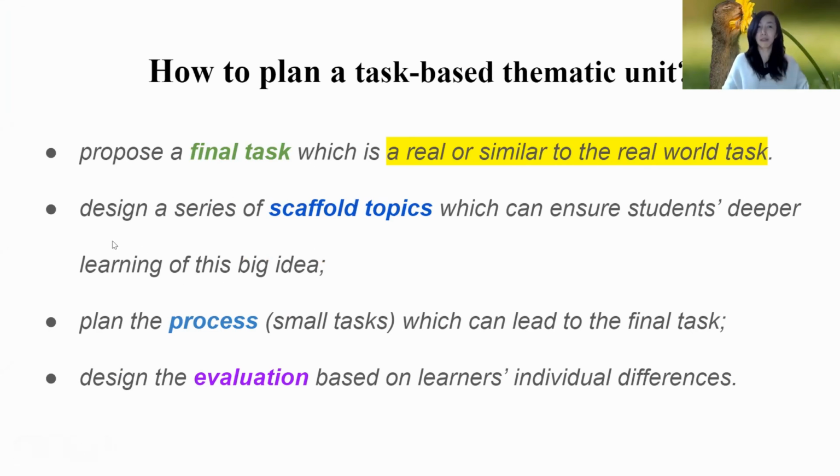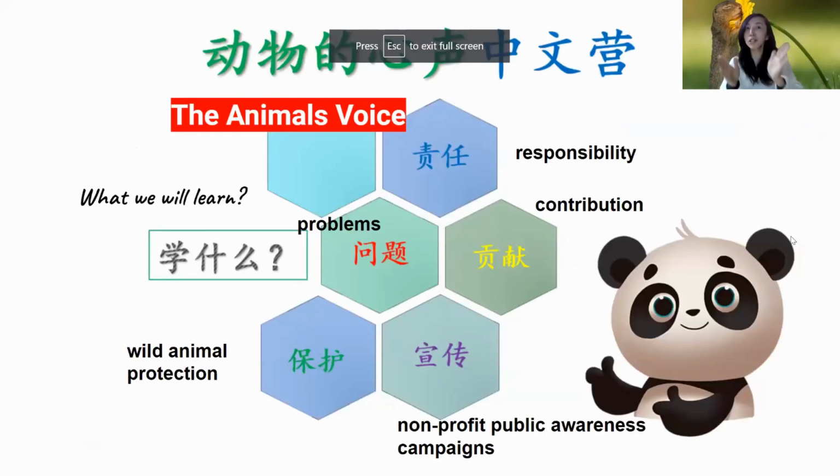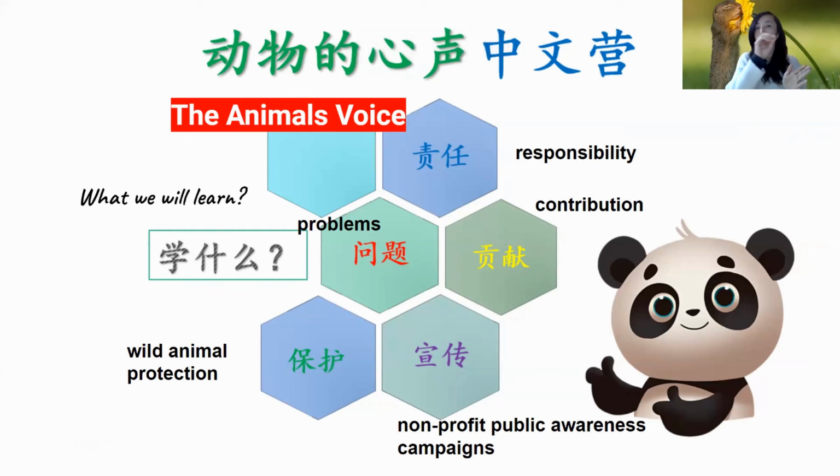And the next step is to design a series of scaffold topics which can ensure their deeper learning. So I would like to share with you that in our camp, because I narrowed down the theme as the animal's voice, I divided this theme into 5 parts. The first part is responsibilities of taking care of pets.